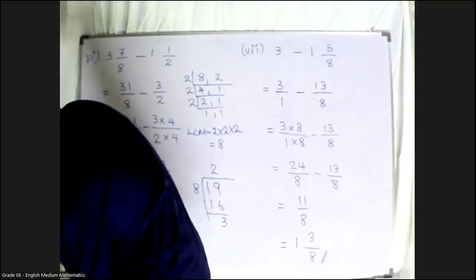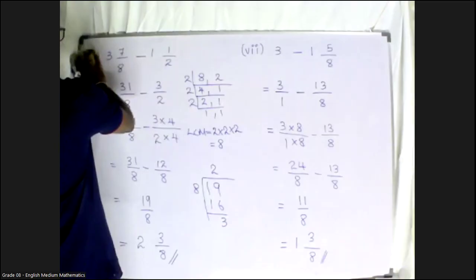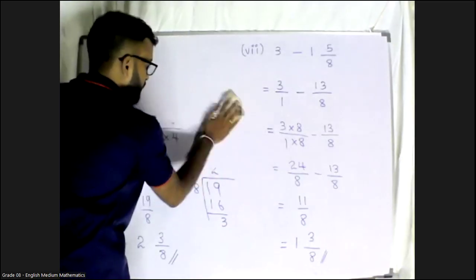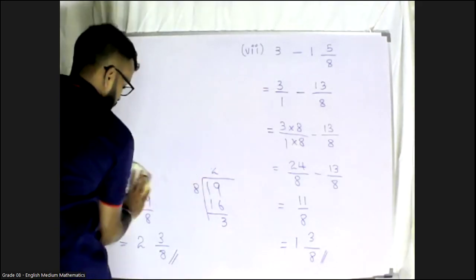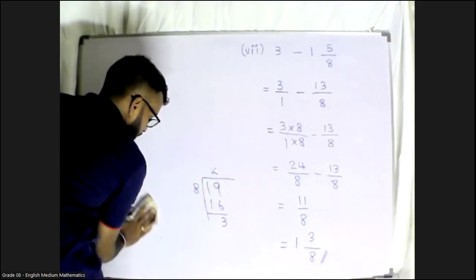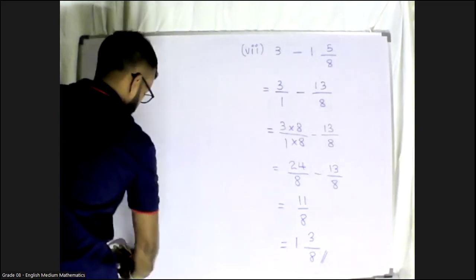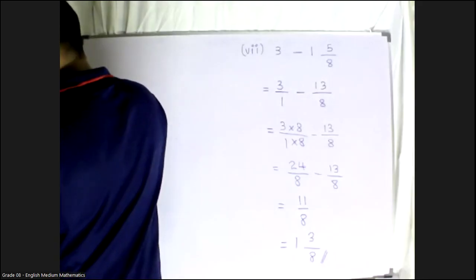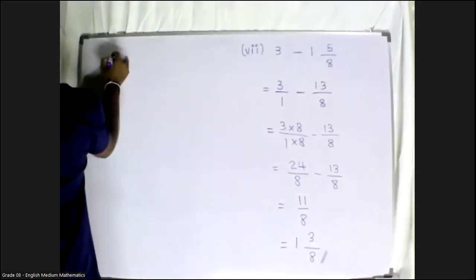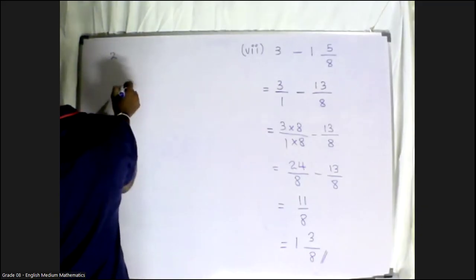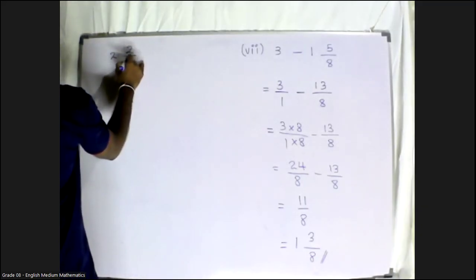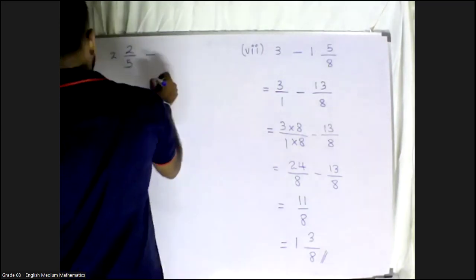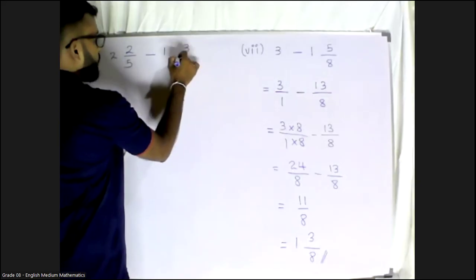Now, okay, I will do the final one next. The last one I am doing somewhat at speed. It is something like 2 upon 5 minus 1, 3 upon 3.